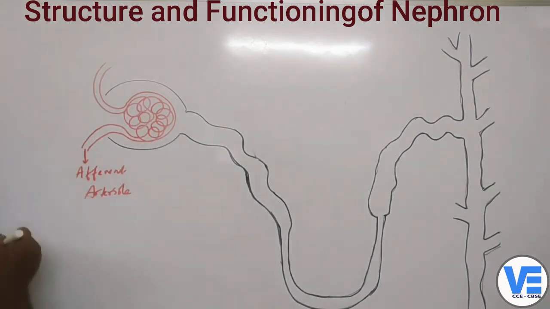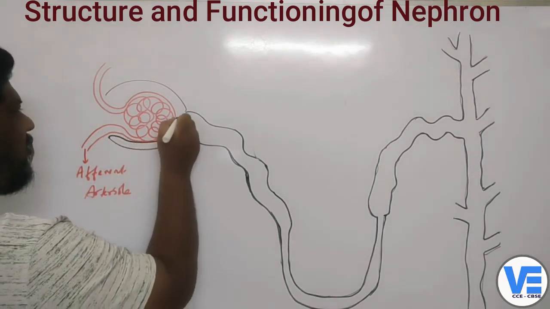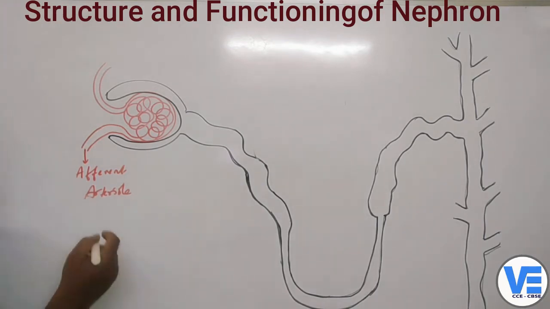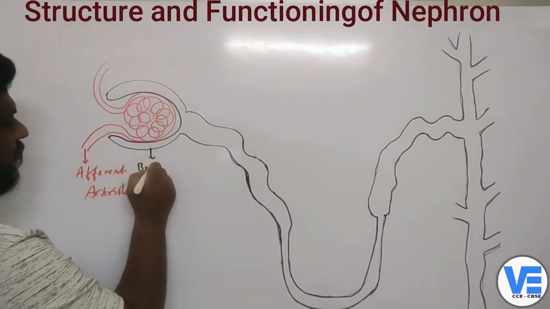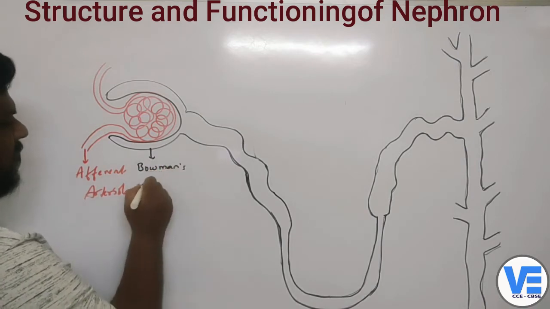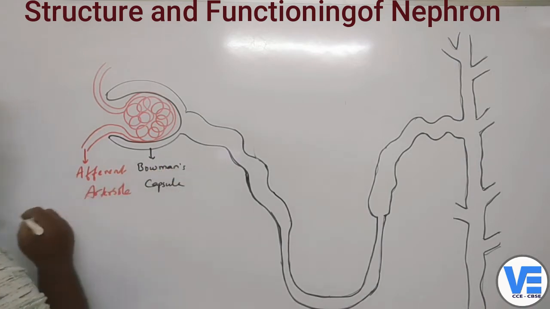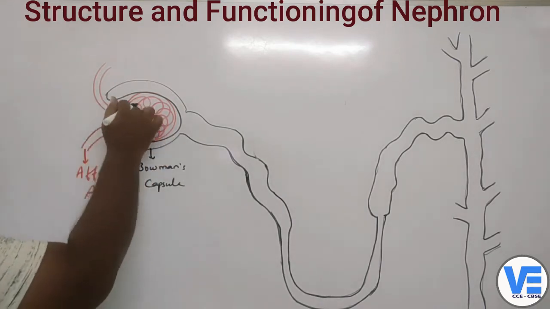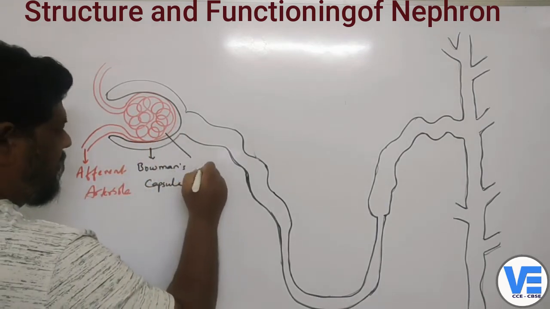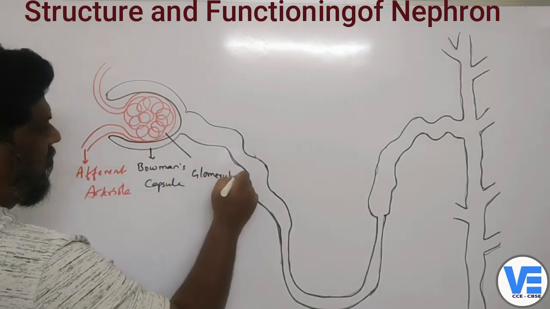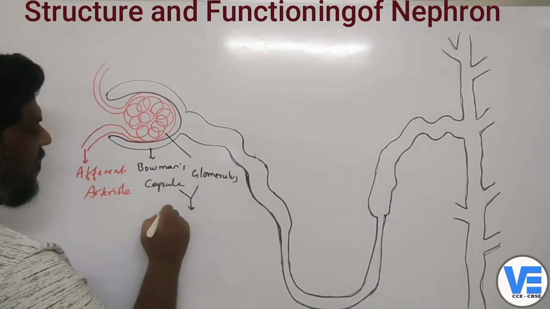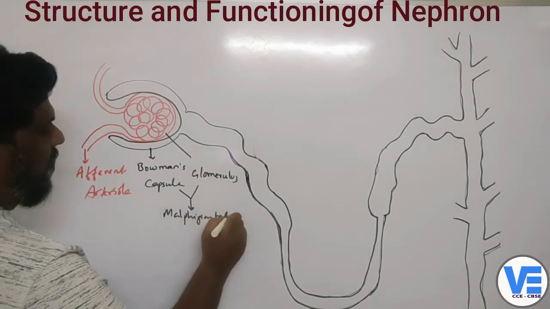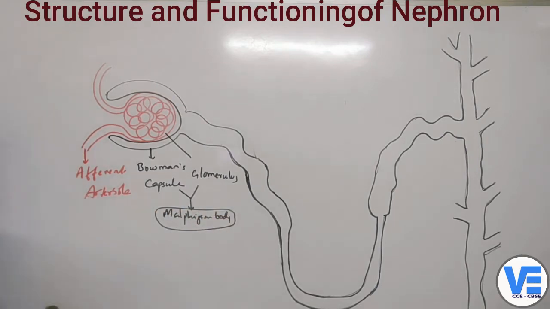This cup-shaped structure is called Bowman's capsule. We have also seen the Bowman's capsule and the glomerulus. This one is the glomerulus. Both together are called the Malpighian body. This we have already discussed yesterday.